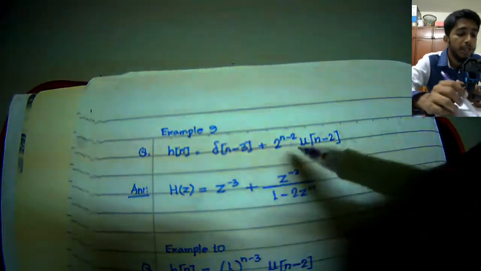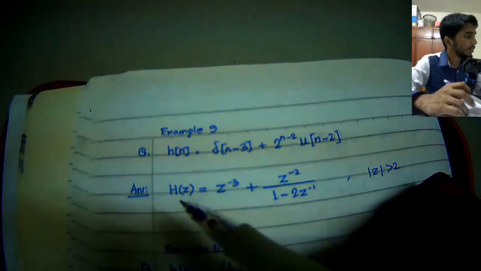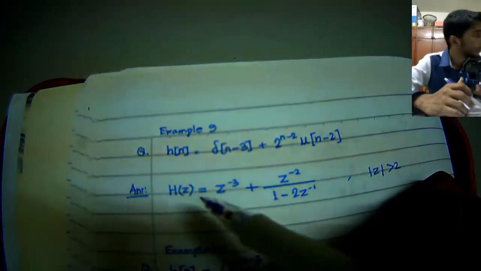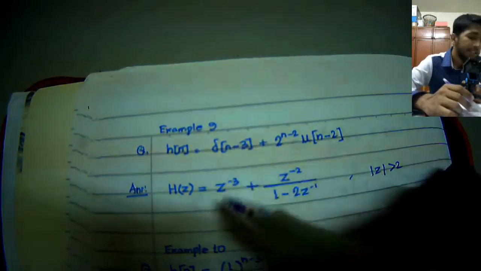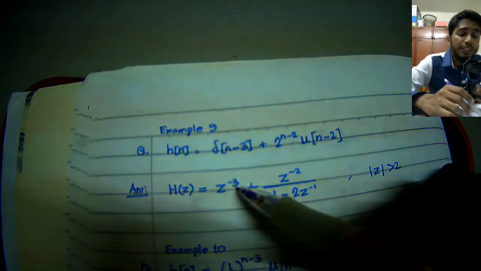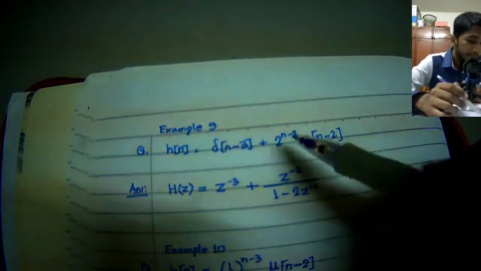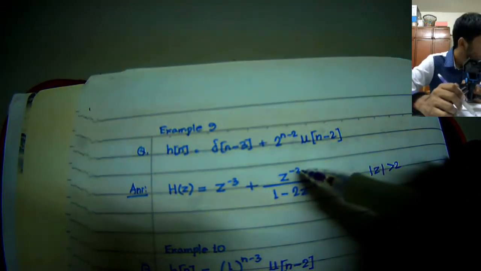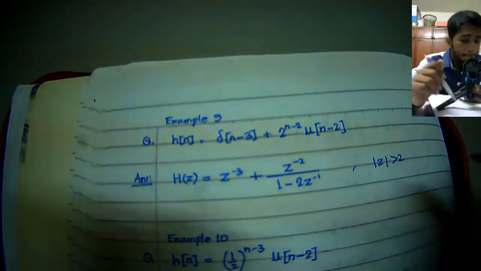This is also the linear property because they're separated by a plus, so you do them separately. For the first one, from the pair table use equation number 4, and it will basically give you z to the power minus 3. This minus 3 is for the delay, and same with this one. This one is equation number 5 from the pair table. You will get this one.